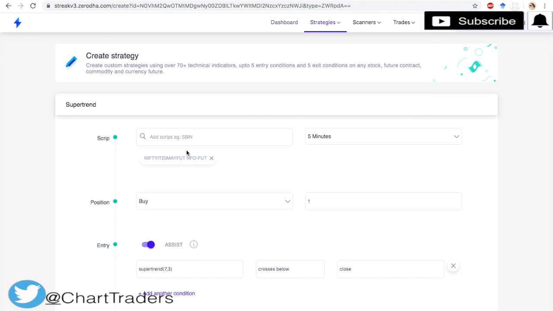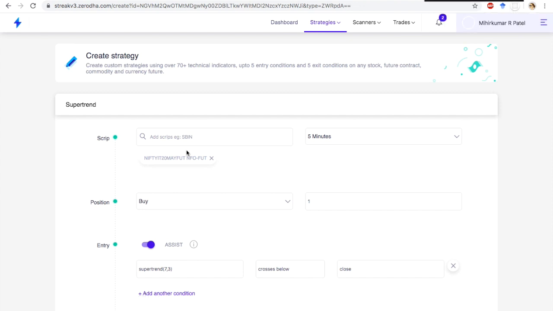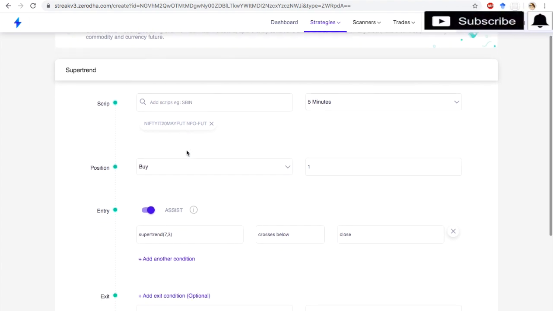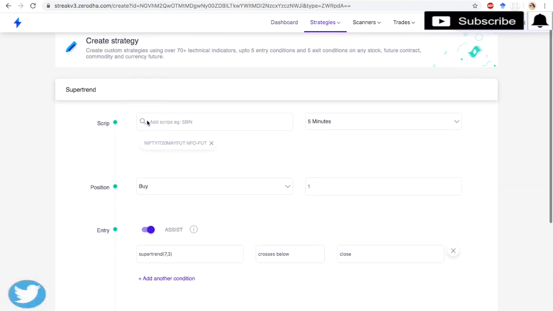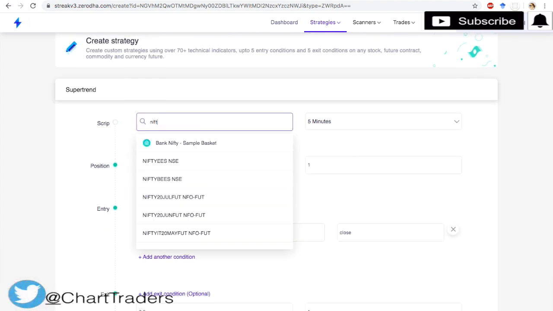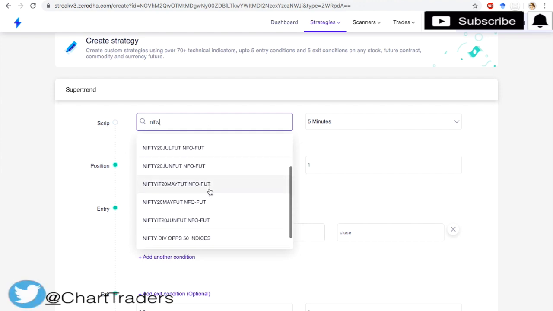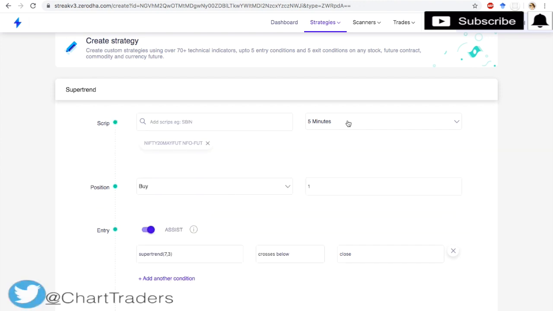Now in order to analyze the performance of the Super Trend indicator, I have opened my Streak account and I am going to apply the Super Trend indicator on Nifty futures. So here I have the Nifty May future, time duration is 5 minutes.